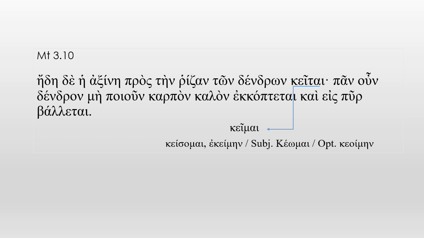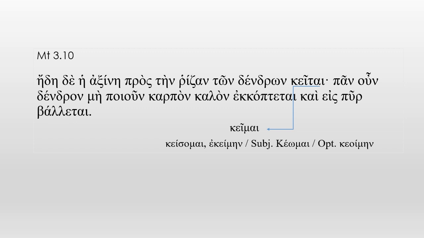Pros rhizan. Now tôn is the genitive plural case. In the nominative it's the same in the neuter too, and in the feminine as well. Tôn dendrôn. Dendrôn is actually the neuter noun dendron with omicron nu. Now, rhizan tôn dendrôn, tôn dendrôn modifies the rhiza, and rhiza means the root.